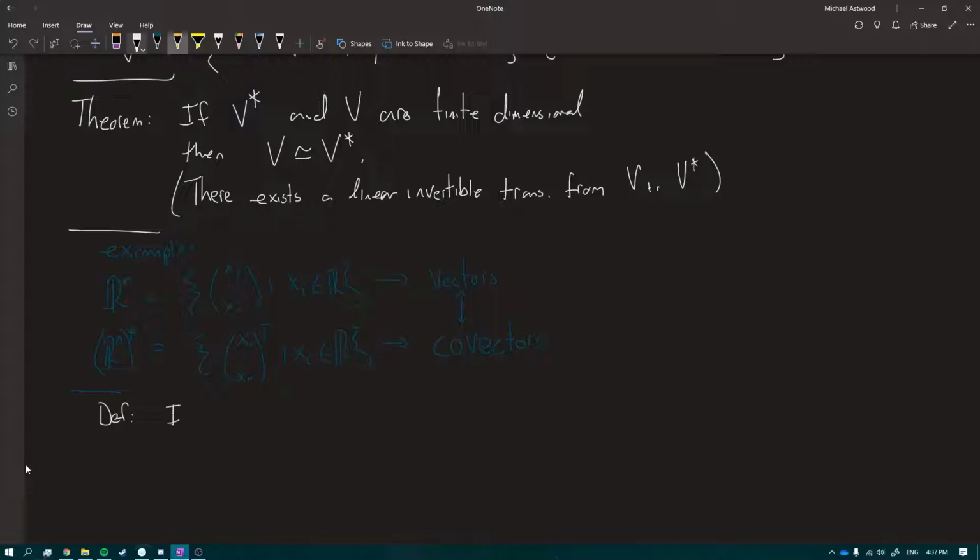So if you have an inner product, an inner product is a product between two vectors that returns a scalar, and it's linear, positive, and non-degenerate.